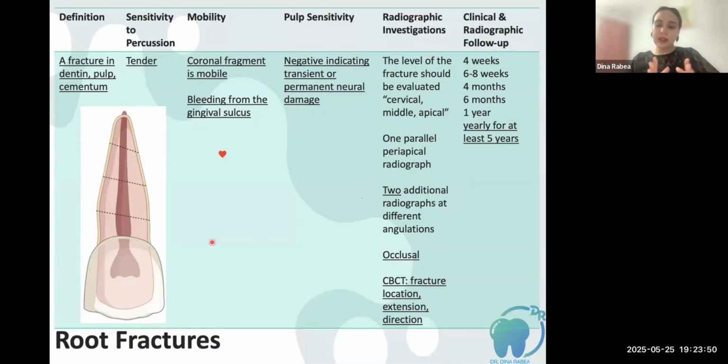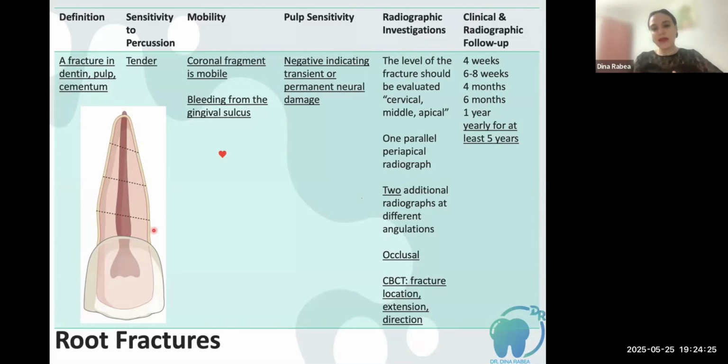Root fractures in permanent dentition, the prognosis depends mainly on where the fracture line is. An apical root fracture has a much better prognosis, for example, than a cervical root fracture, because when the fragment gets closer to the point of force application at the cervix of the tooth, excuse me, it gets very difficult to get this fragment to stay in place, even with a splint.